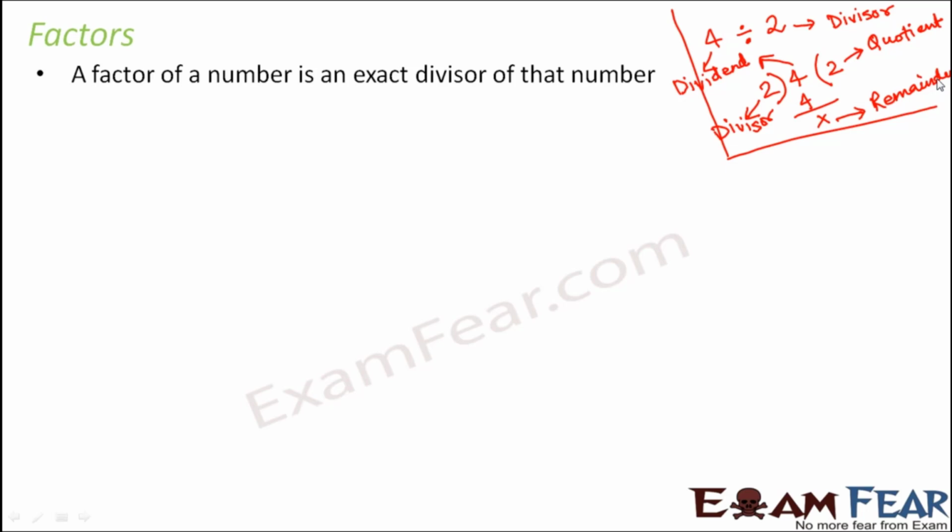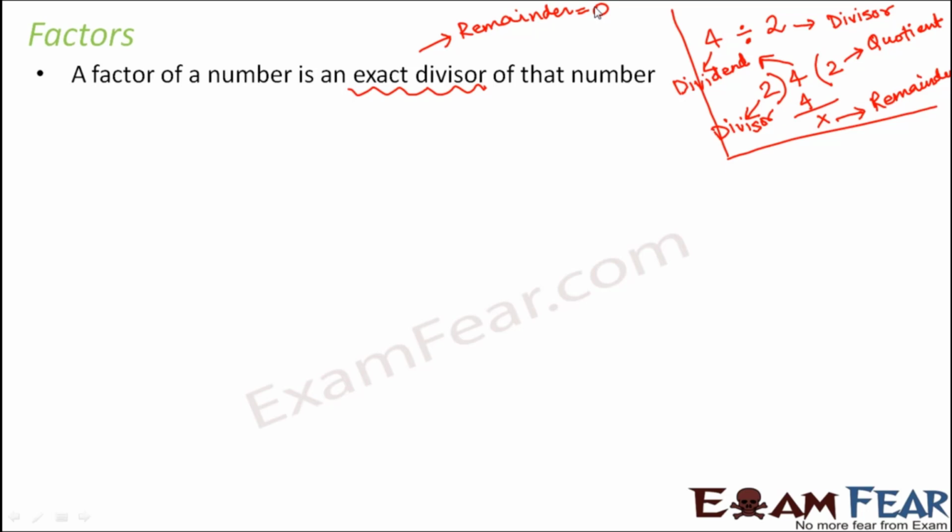Now, a factor is an exact divisor of a number. Exact divisor would mean that when that number is divided by this number, the remainder will be 0. That is the meaning of exact divisor: the number will be exactly divisible by that number, leaving no remainder behind.